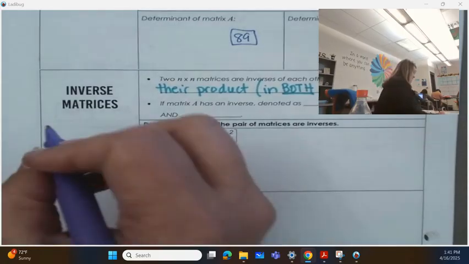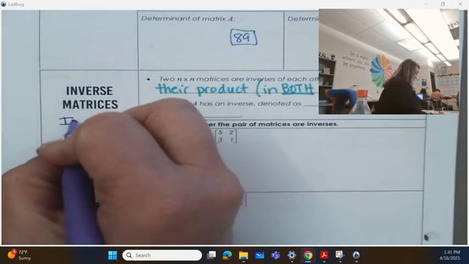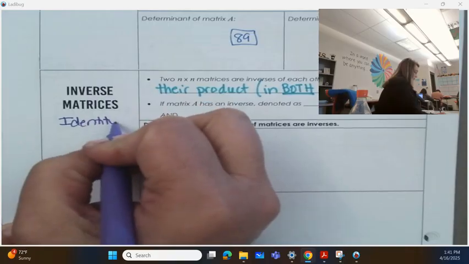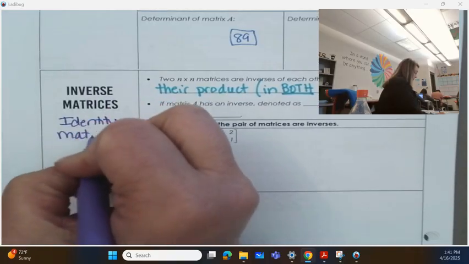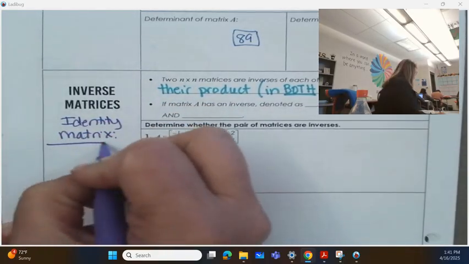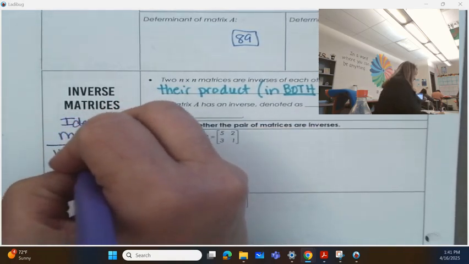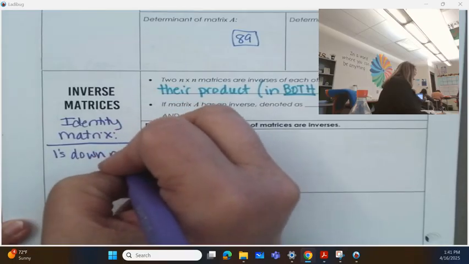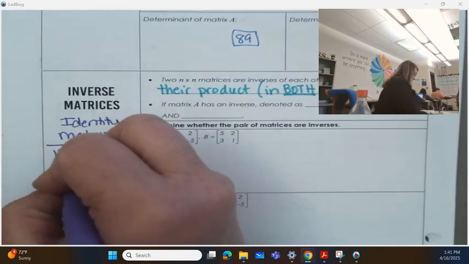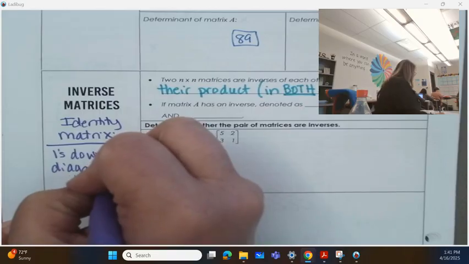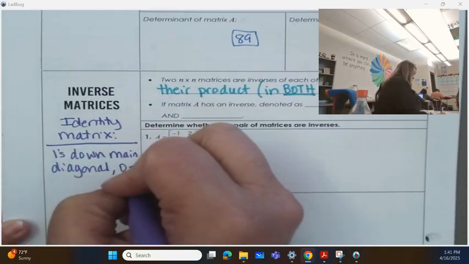Let me show you. The identity matrix, we'll write it over here. All right, it's ones down the main diagonal and zeros everywhere else.